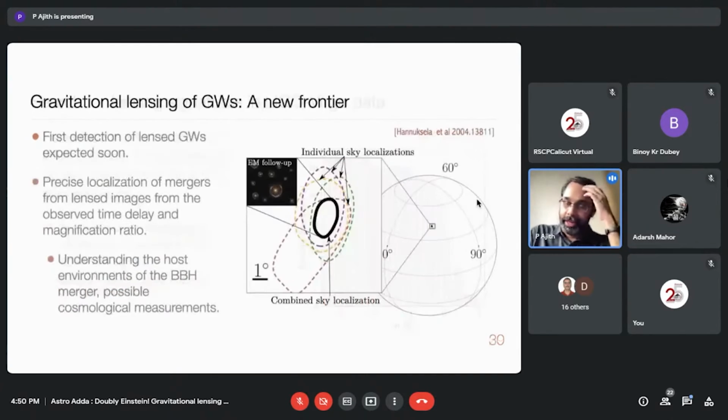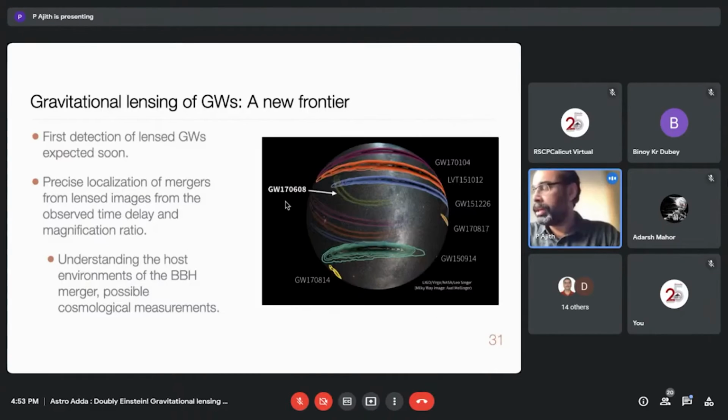Okay, so there are some observations that I claim to be very interesting. But why do we care? Why is this a big deal? Just like the lensing of light has emerged as a powerful tool for astronomy, we hope that the lensing of gravitational waves will give us some very interesting clues on the real nature of these black holes and black hole binaries.